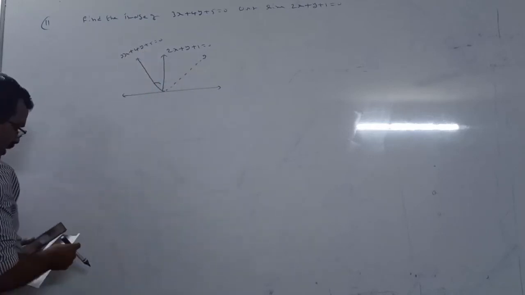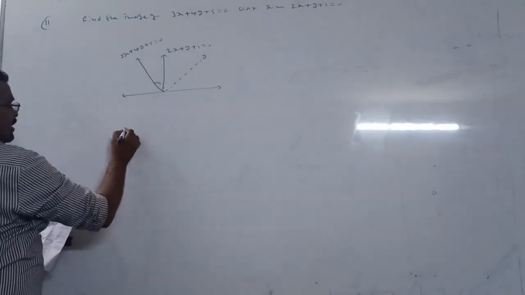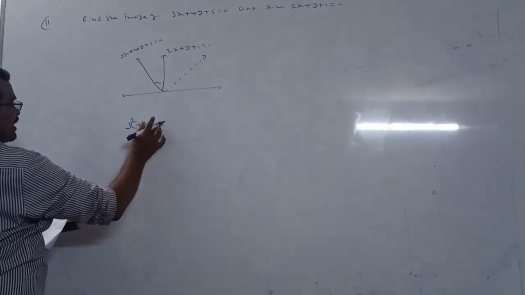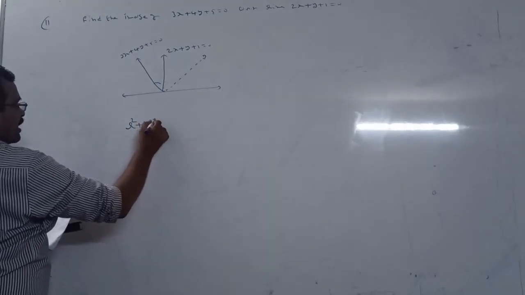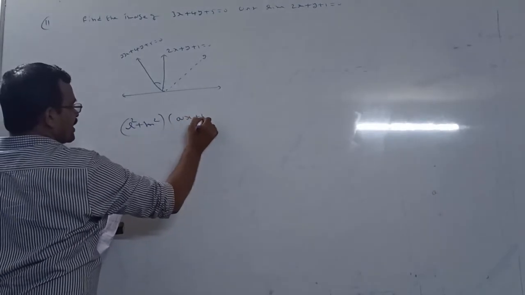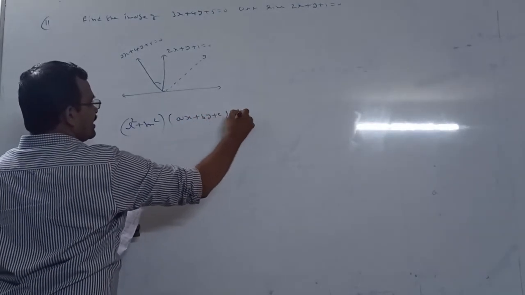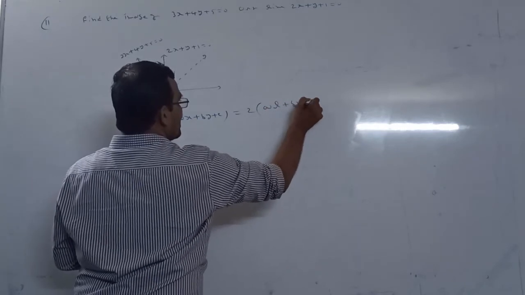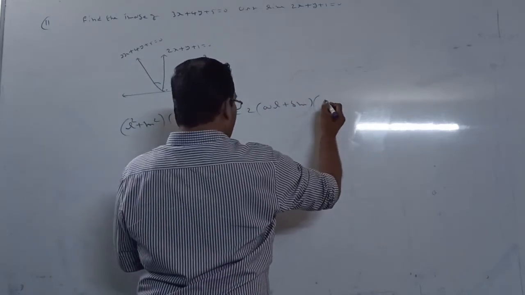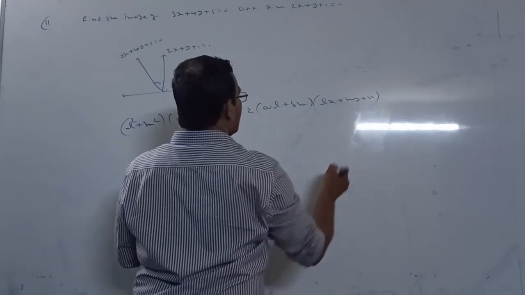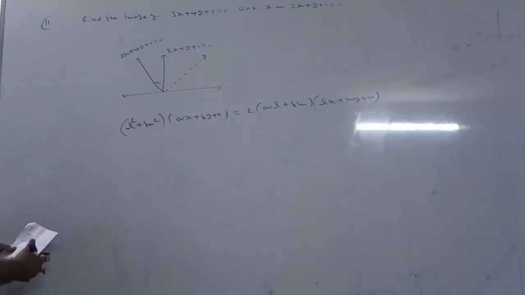Here we have one direct formula, useful from an objective point of view: (l square plus m square) into (ax plus by plus c) equal to 2 into (al plus bm) into (lx plus my plus n).